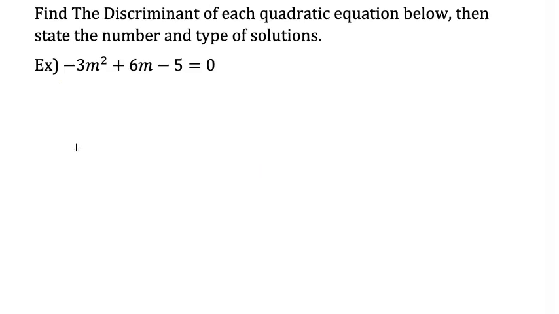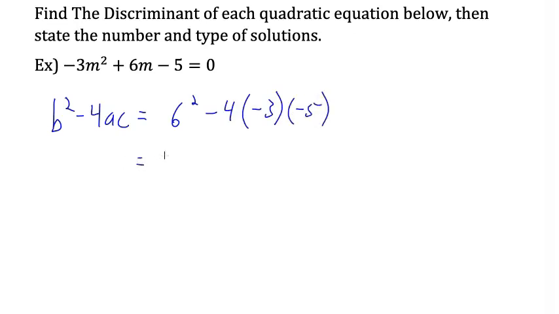Once again, we'll find the discriminant. So here we can see a, b, and c. So we have b squared minus 4 times a times c. Go ahead and simplify that. See here we have negative times negative times negative. That'll be negative, so I'm going to put that here right now. And negative 4 times negative 3 is positive 12. And 12 times negative 5 is negative 60.